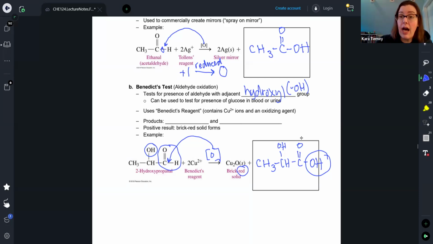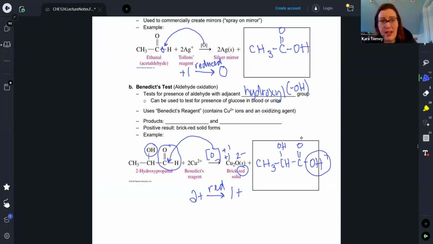Oxide ions have a 2 minus charge. So the copper, because there's two of them, they each have a +1 charge. So your copper is going from a 2 plus charge to a 1 plus charge. This is being reduced. And so you go from having this bright blue color to a brick red color. And the color change is very interesting. I think you will enjoy seeing that in real life at the end of the semester.